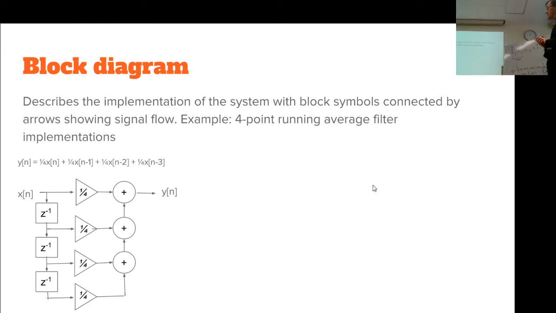More stuff. So, block diagram. The difference equation is just a mathematical formula for how you could do the calculations, and it describes the system parameters. But the block diagram is the implementation of the system. So this is using the block diagram symbols for that difference equation.